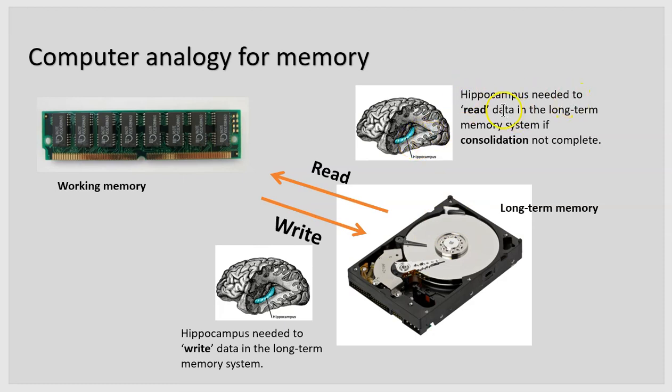So the hippocampus is needed to read the data if consolidation has not yet been completed. So after one learning episode, we will need the hippocampus to retrieve information from the long-term storage, from the hard drive here. But if we do consolidation successfully, then it is well stored in the hard drive and we won't need the hippocampus any longer.